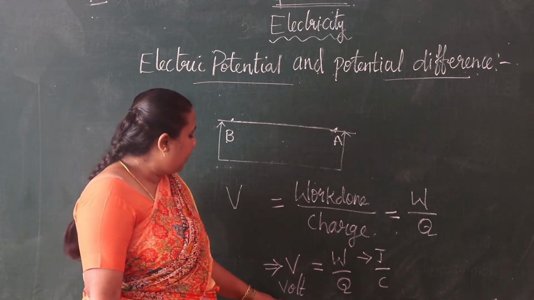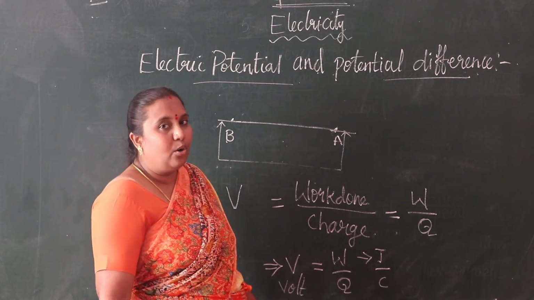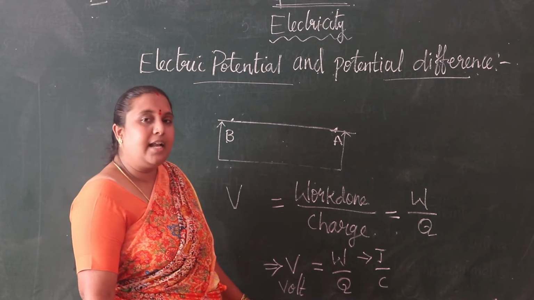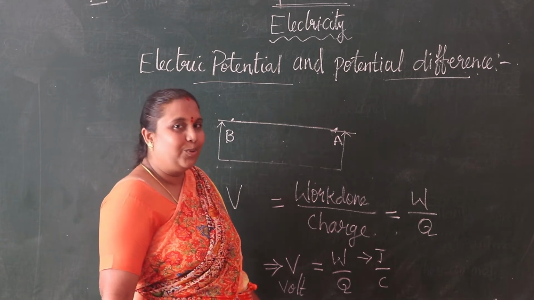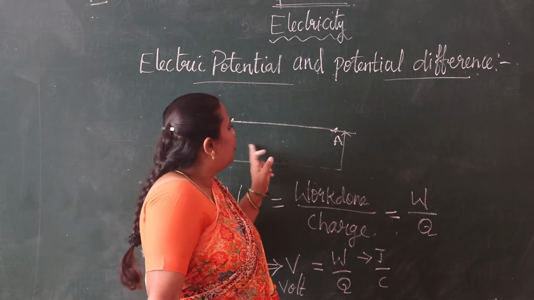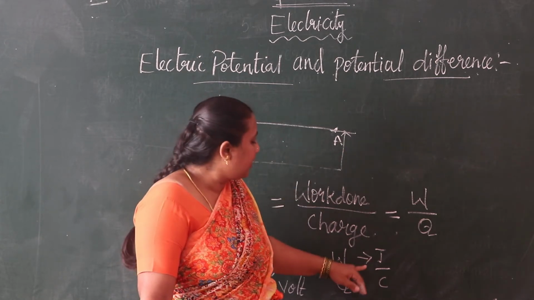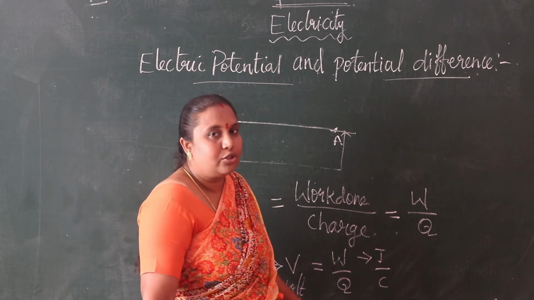It was named after the Italian physicist Alessandro Volta. So the potential difference between 2 points A to B is calculated as 1 joule of work done by 1 coulomb of charge.